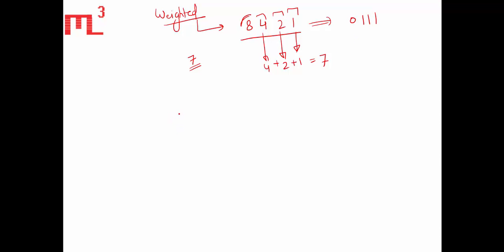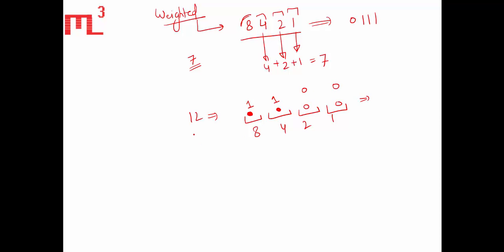Similarly, if I ask you to represent 12, how will you represent it? Suppose these are the baskets representing these 4 bits, 8 4 2 1. You will put 8 on, means 1, then you will put 4 on, means 1, then you will put off, that means 0 0.